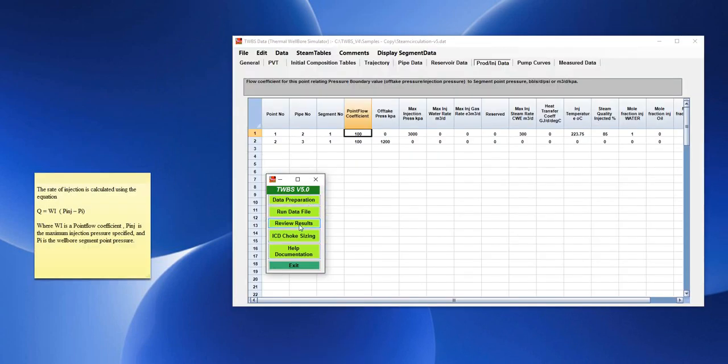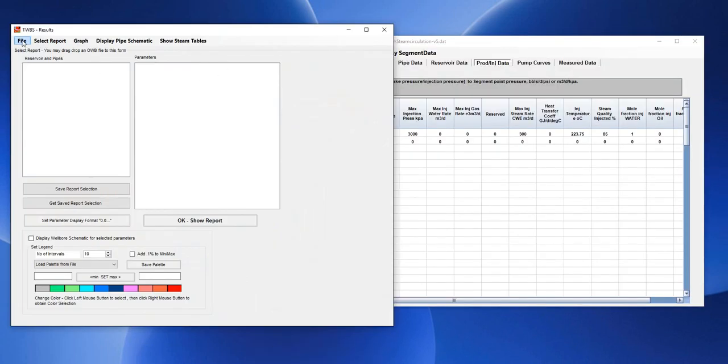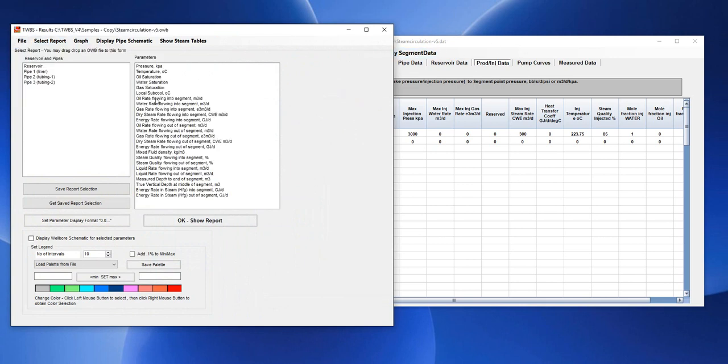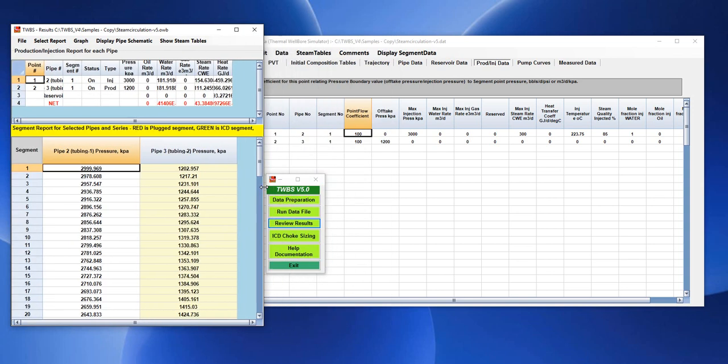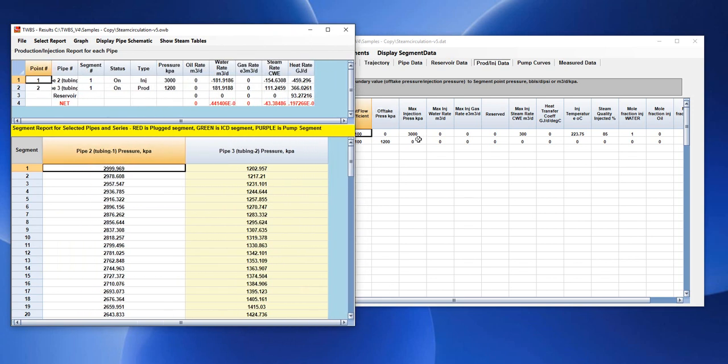For this case here, for example, if you look at the tubing pressures, for tubing 2 we have specified an injection pressure of 3000, and the actual tubing pressure was 2999.969.